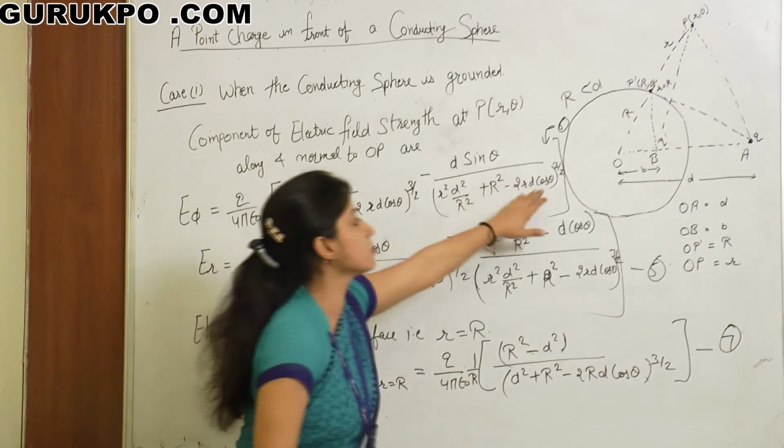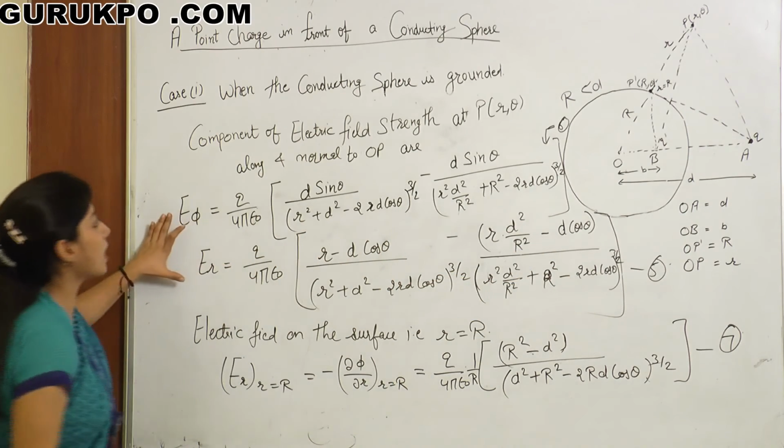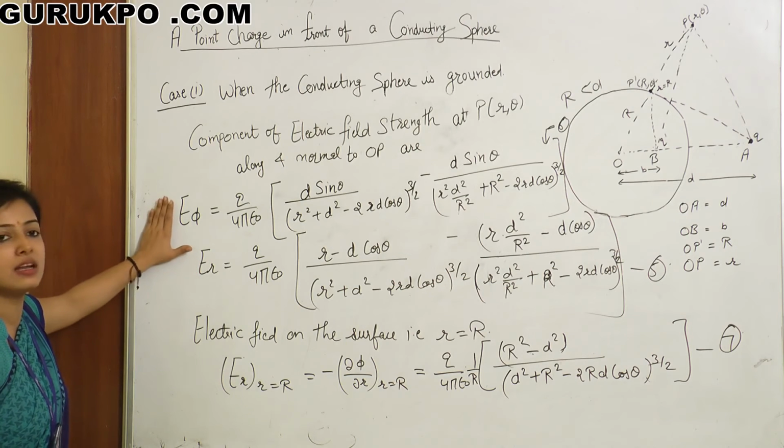This is our sixth equation and this is our fifth equation. These two are the electric field strength components, that is E r and E theta.